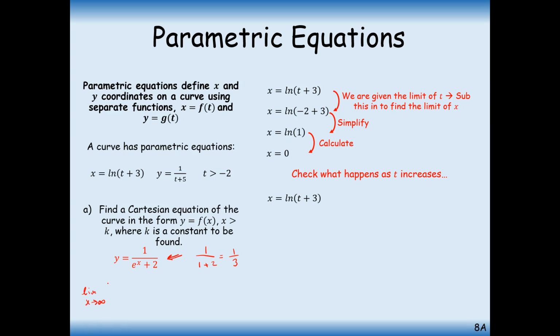As x becomes a larger and larger value, the expression here, that means that the denominator is becoming larger and larger. Therefore, as the denominator becomes larger and larger, we will approach 0. So 1 divided by a very large number is approaching 0.